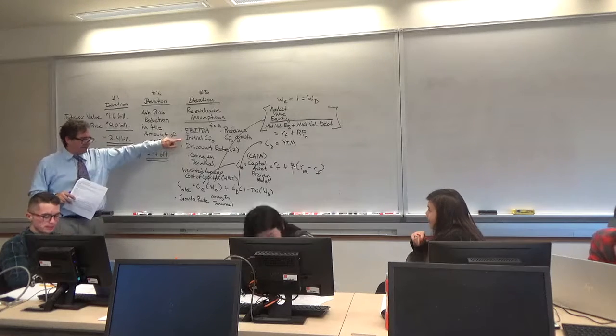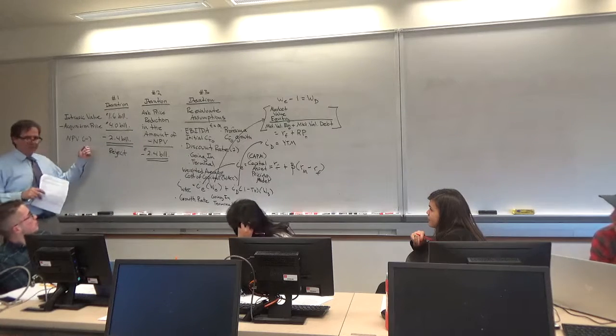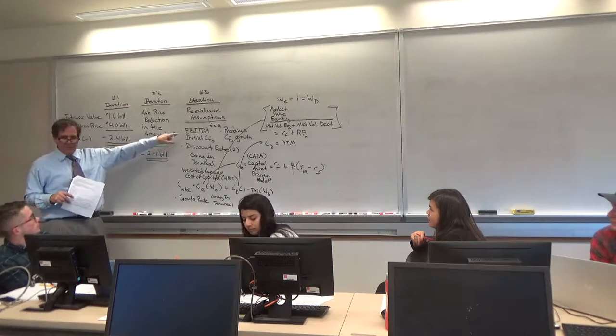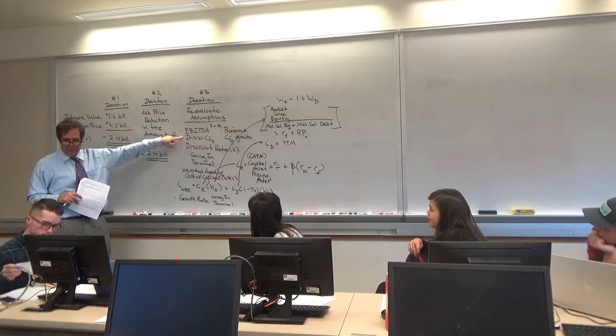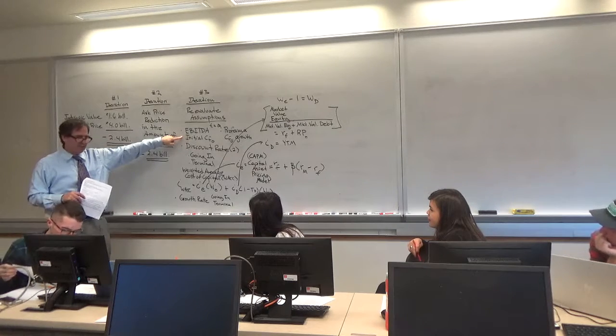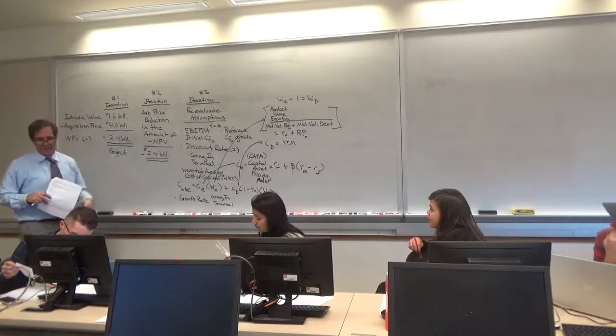All right, so the initial cash flow: if we're getting a negative net present value, did we under or overestimate the initial cash flow? Is it too high or too low? Too low. So we underestimated it.